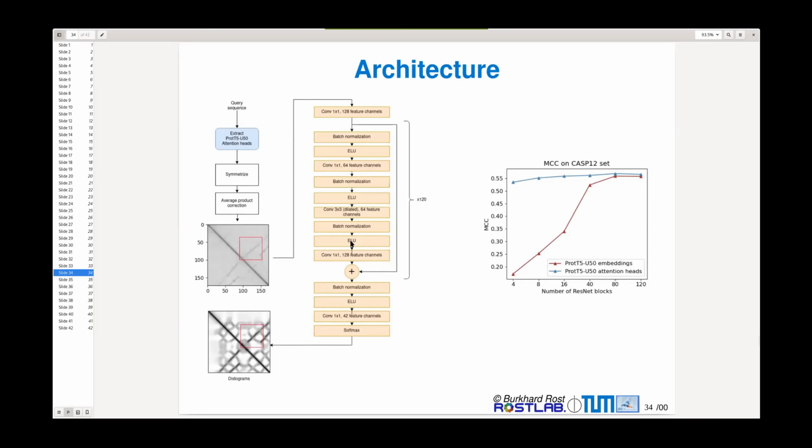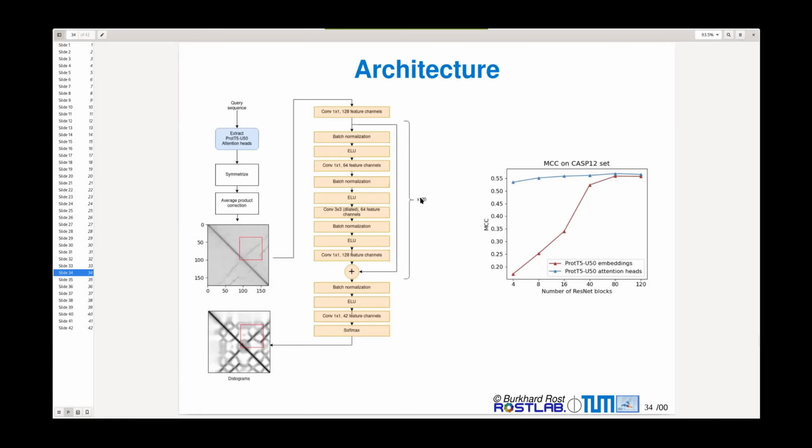Now, this one I can go over rather quickly because this is exactly the same backbone as AlphaFold. I'm using the same layout with 3 convolution blocks. The center one is this 3x3 dilated convolution with 64 feature channels, again cycling through the dilation factors 1, 2, 4, and 8 in each successive block. The only difference here is that I only use 120 of those residual blocks, where AlphaFold used 220.